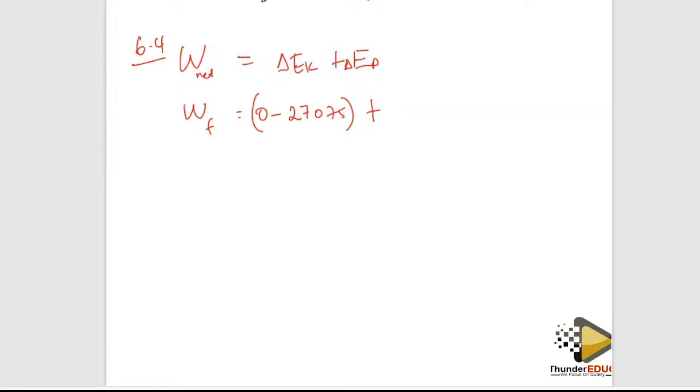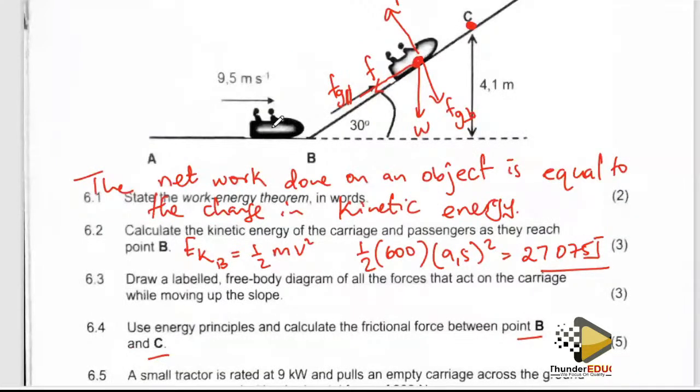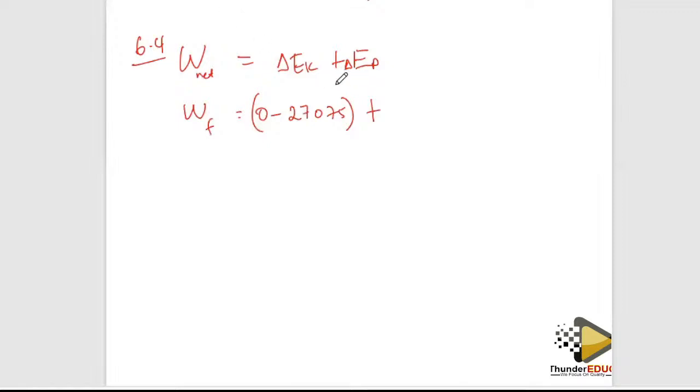At the bottom, at this point P, EP is 0 and EK is maximum. At this point, the EK is 0 and the EP is at its maximum. So that's going to be my final, which is the MGH.